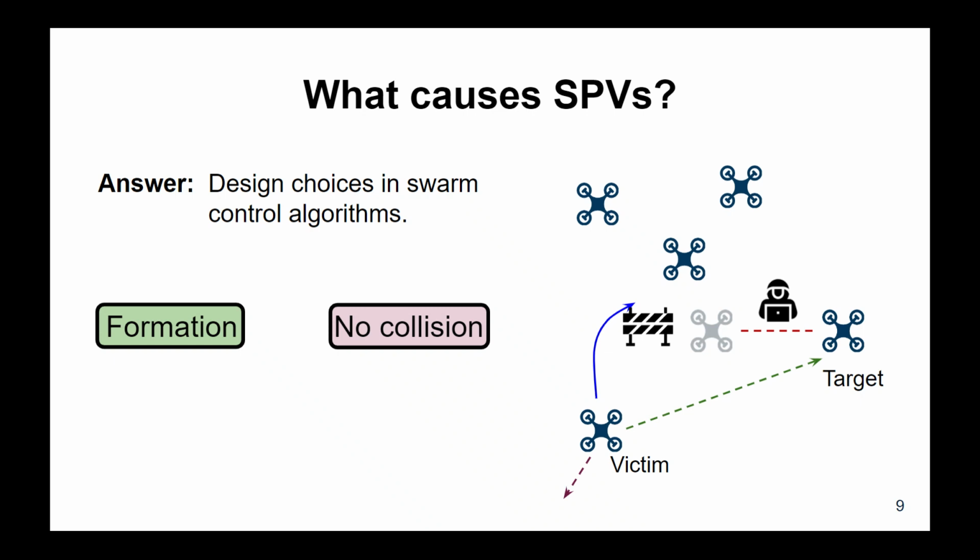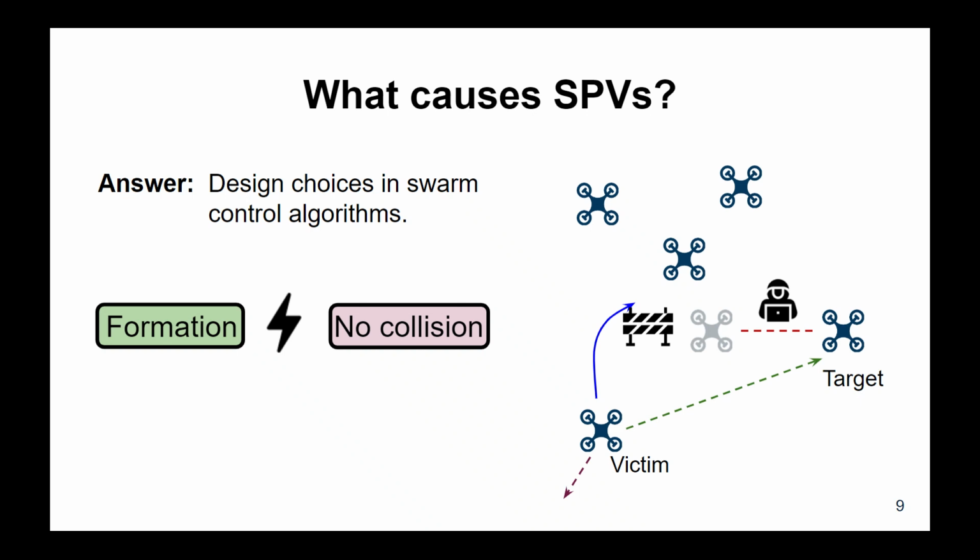However, these two velocities actually conflict with each other, because the velocity in green makes the victim drone move towards the obstacle. To balance these conflicting goals, the swarm control algorithm has to assign different weights to them.